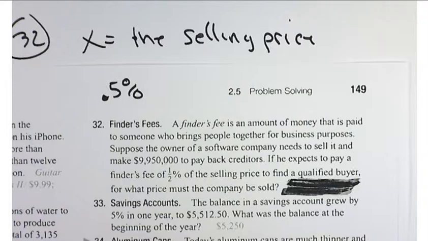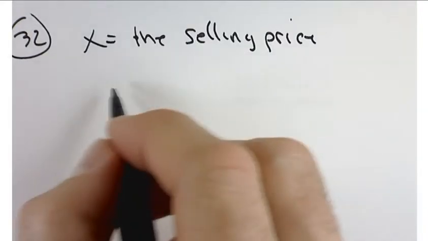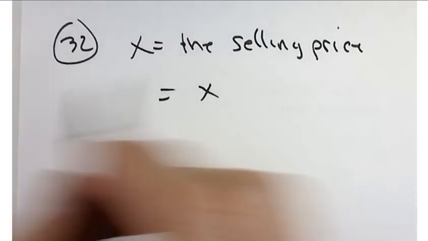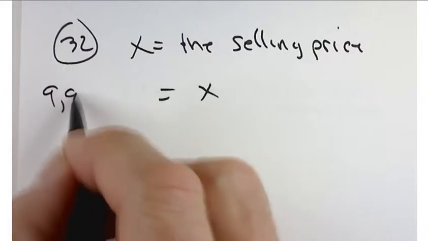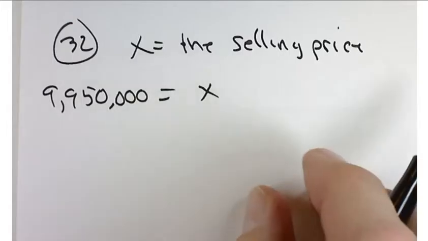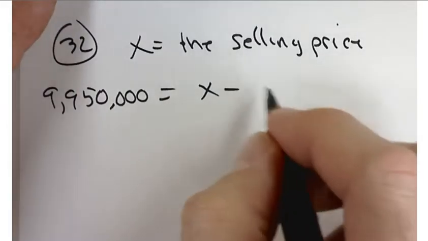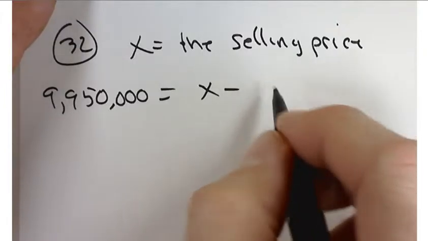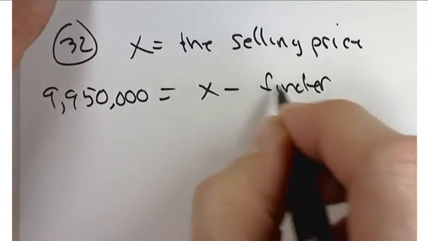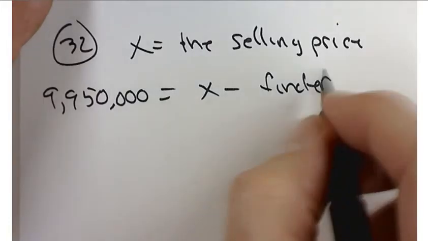Okay, so the selling price is X. But when we're done paying the selling price and the finder's fee, we're going to end up with $9,950,000. But let's see, I've got to pay the finder's fee. So that finder's fee subtracts from what I'm going to net. That's how much I'm going to get when I'm all done.